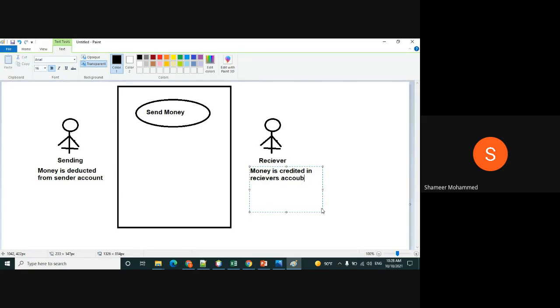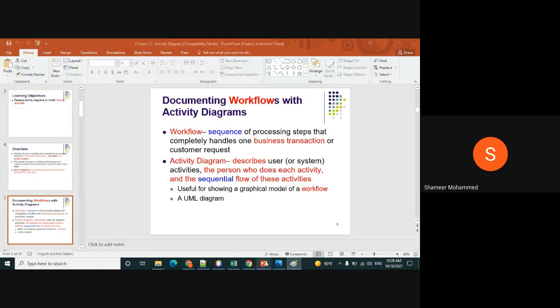From your account, money is getting minus, and for the receiver, money will get added. So these are the flow of activities: enter the PIN, enter the account number, press the send button, and the money will go to this person.